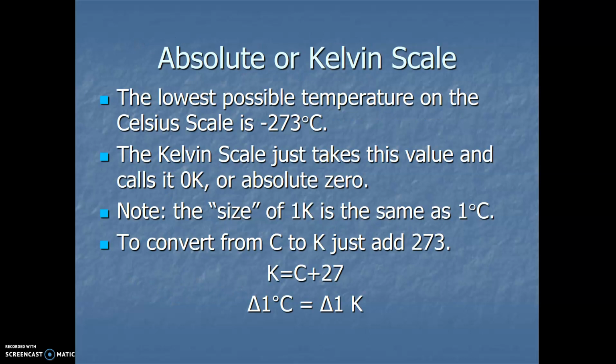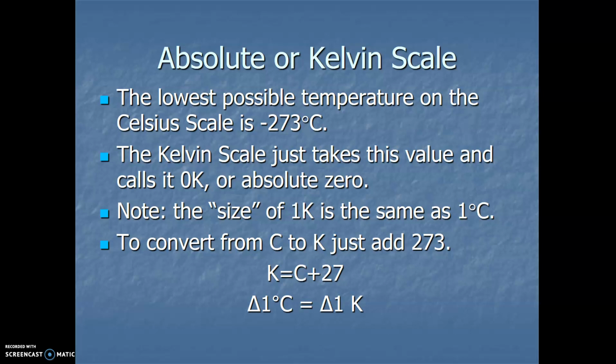Now, the lowest possible temperature on any scale is what we call absolute zero, or the absolute temperature. It's the lowest thing. In Kelvin, that is 0 Kelvin. In the Celsius scale, it's negative 273 degrees. One change in the Celsius scale is the same as a change of one in Kelvin.